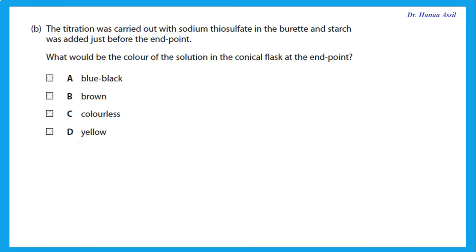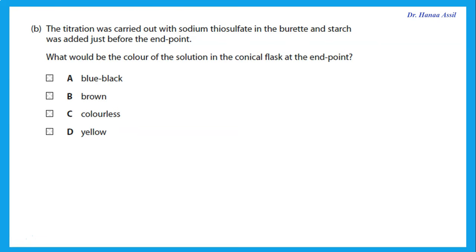The titration was carried out with sodium thiosulfate in the burette, and starch was added just before the end point. Remember, when we're titrating with sodium thiosulfate, we have iodine in the flask, so we start with the flask as a reddish brown or brown solution. As we add the sodium thiosulfate, the iodine is being used up, so the brown color becomes fainter and fainter until it is about yellowish.